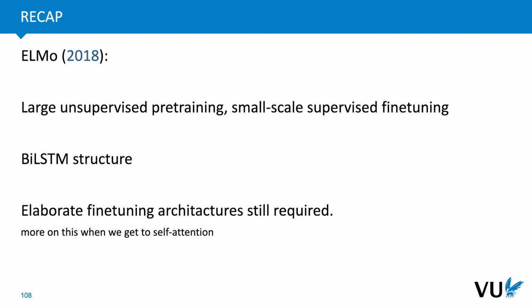The better the pre-training model becomes, the simpler we can make our fine-tuning architectures. To the point where, in most cases nowadays, we can simply add one fine-tuning layer on top of our pre-trained model, and that's enough already to give us a very good performance.